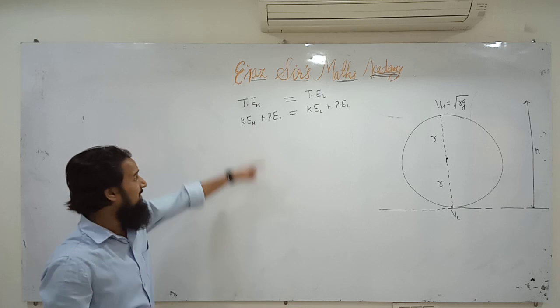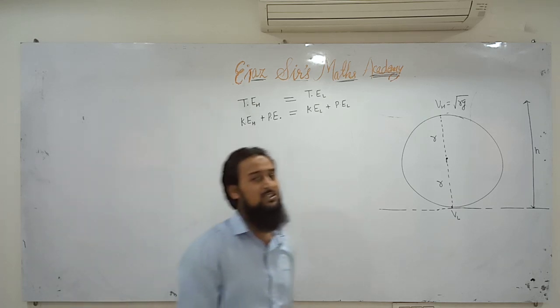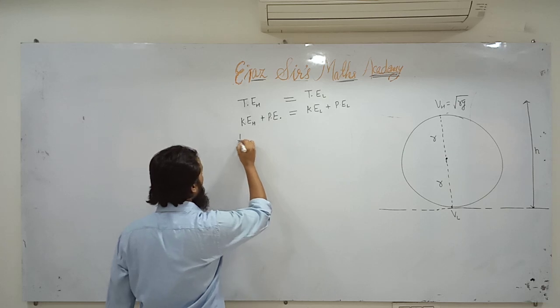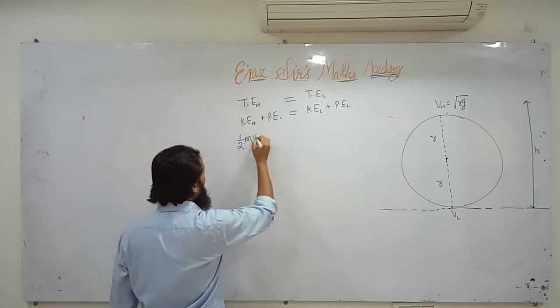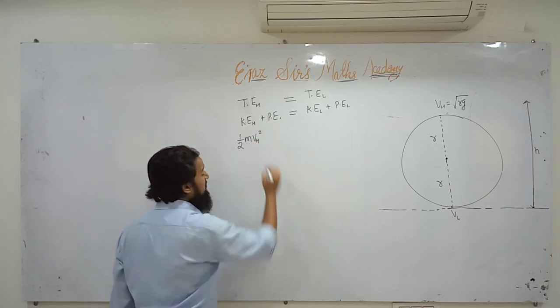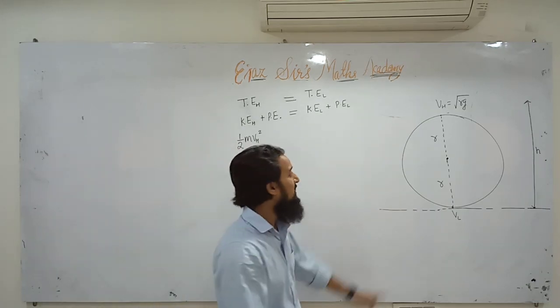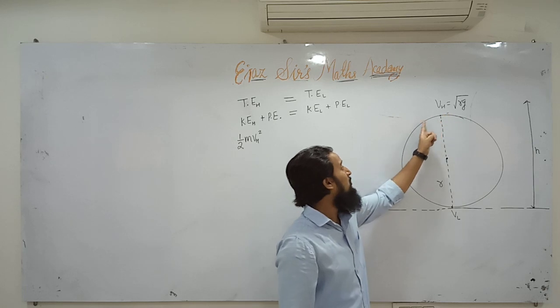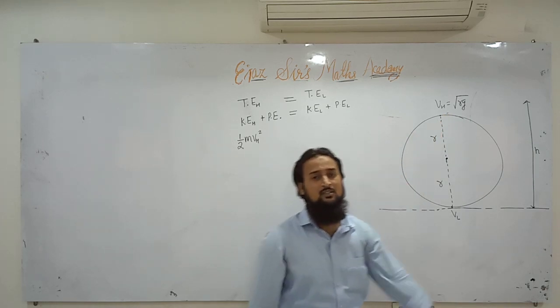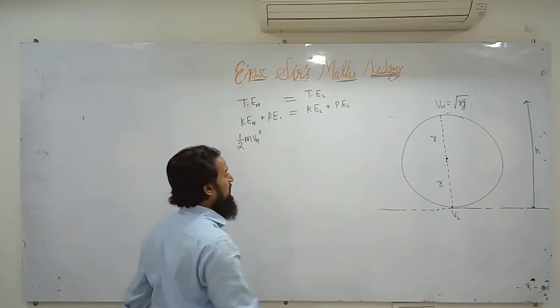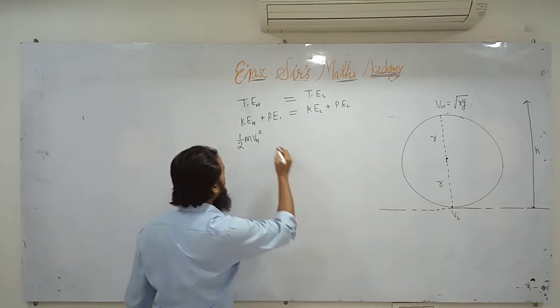Let's now see, this is a derivation. This also may be asked for 3 marks. How much is the kinetic energy at the highest point? Half m vh square. What is vh? Minimum velocity at the highest point which is necessary so that the person should be able to complete the circle, otherwise the person will move back and fall down vertically downwards.